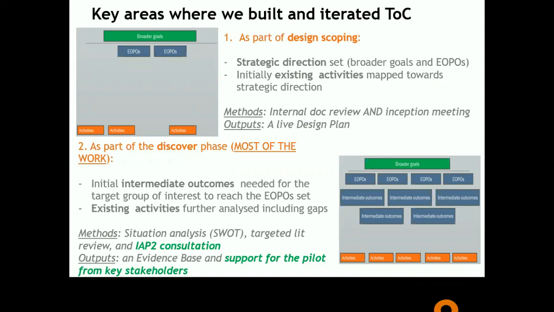And from these, what we were really researching was getting a sense of what were the intermediate outcomes that needed to be in place. What did the literature say, what did the community say, and what did the surf life saving community, what were their hunches about what were the intermediate outcomes that had to be in place.